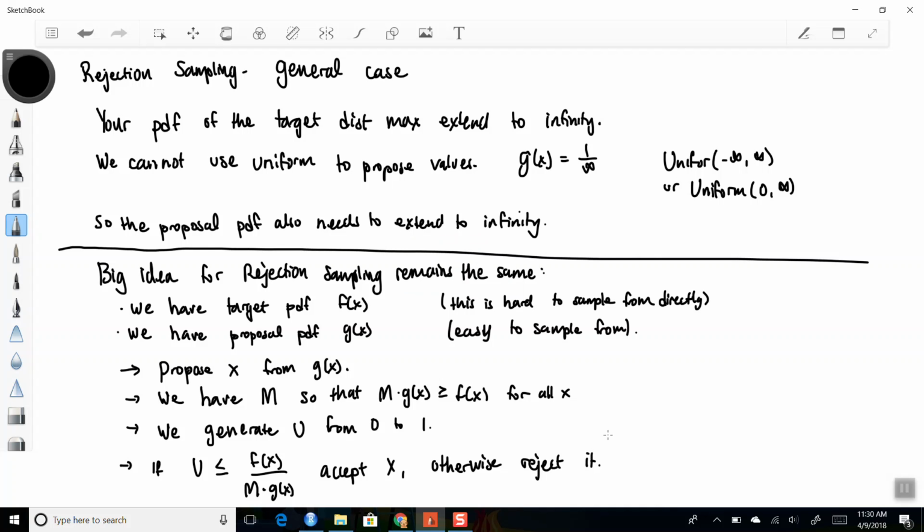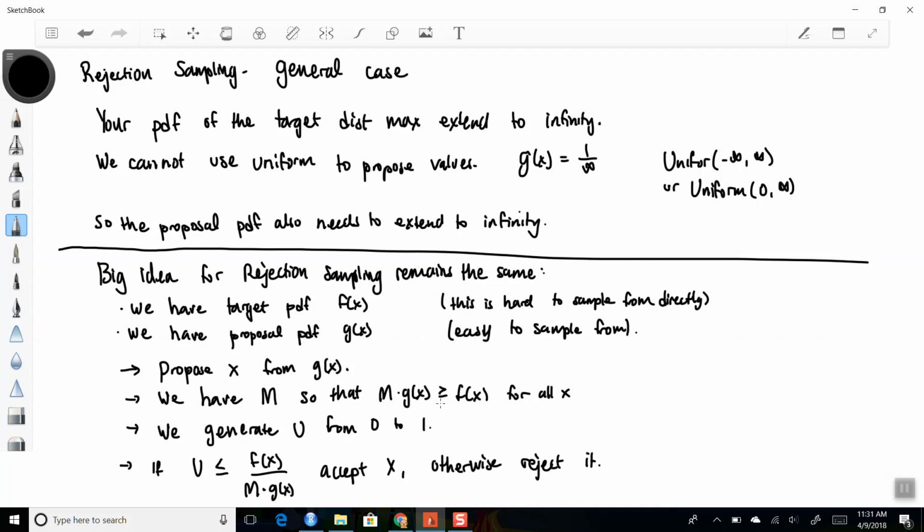In this generalized case, g of x is now a function of x and is not constant. And thus, finding m becomes a little bit trickier, because now you have to find the value m to make sure that this ratio f of x divided by m g of x is always less than or equal to 1. Okay. All right. Is this okay?